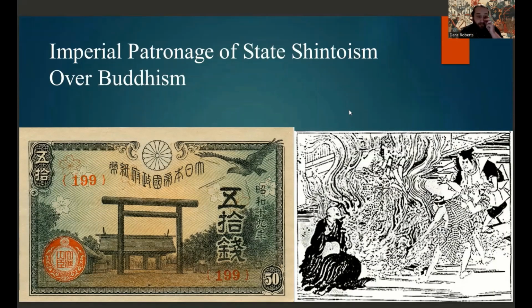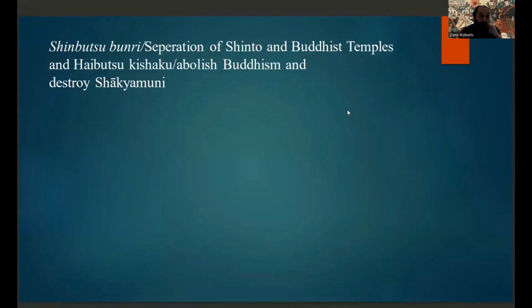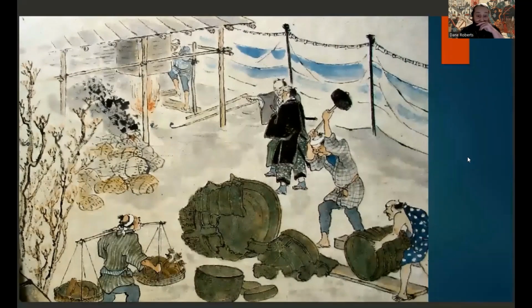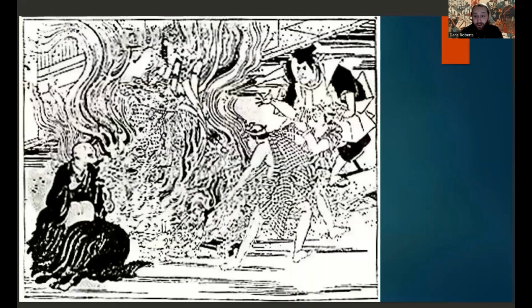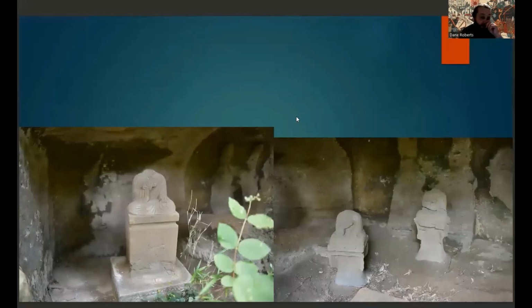And because of this patronage and this sort of moving away from Buddhism, two different things happened: the Shimbutsu Bunri, or the separation of Shinto and Buddhist temples, and the Haibutsu Kishaku, or the abolish Buddhism and destroy Shakyamuni, which led to Buddhist temples being raided and stormed all over Japan, and resulted in the destruction of various Buddhist temples and artifacts, such as Buddhist bells, which are being destroyed here to be smelted down for manufacturing methods, as well as the burning of, and again, I told you I had to explain that picture, the burning of thousands of Buddhist texts, and the defacement and vandalization of thousands of Buddhist altars and pagodas and temples too.